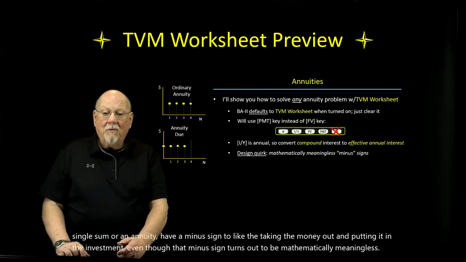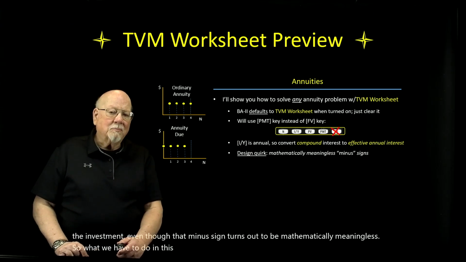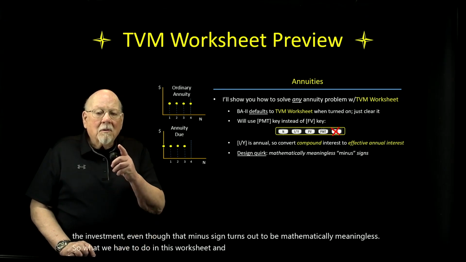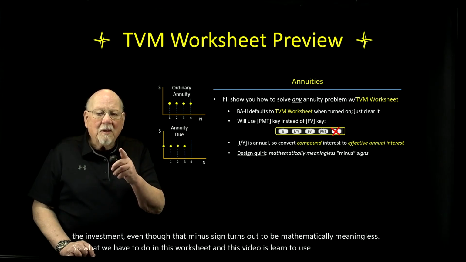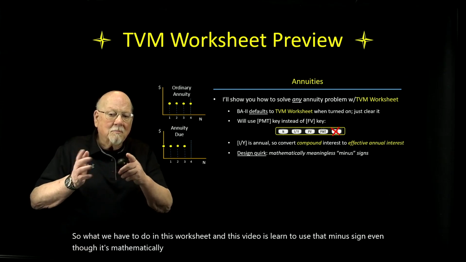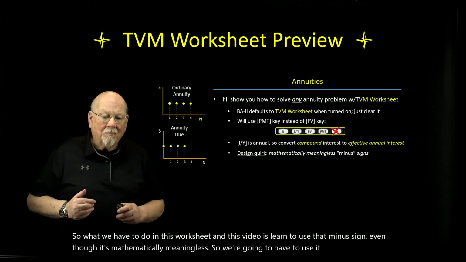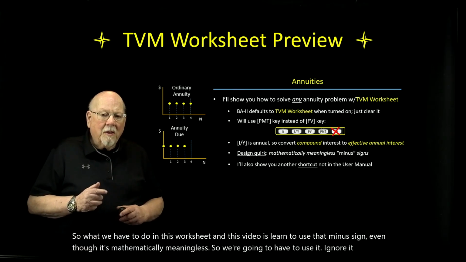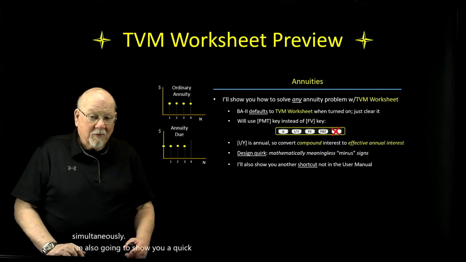So what we have to do in this video is learn to use that minus sign, even though it's mathematically meaningless. So we're going to have to use it and ignore it simultaneously. I'm also going to show you a quick shortcut that's really going to speed things up, and I think you'll like it.